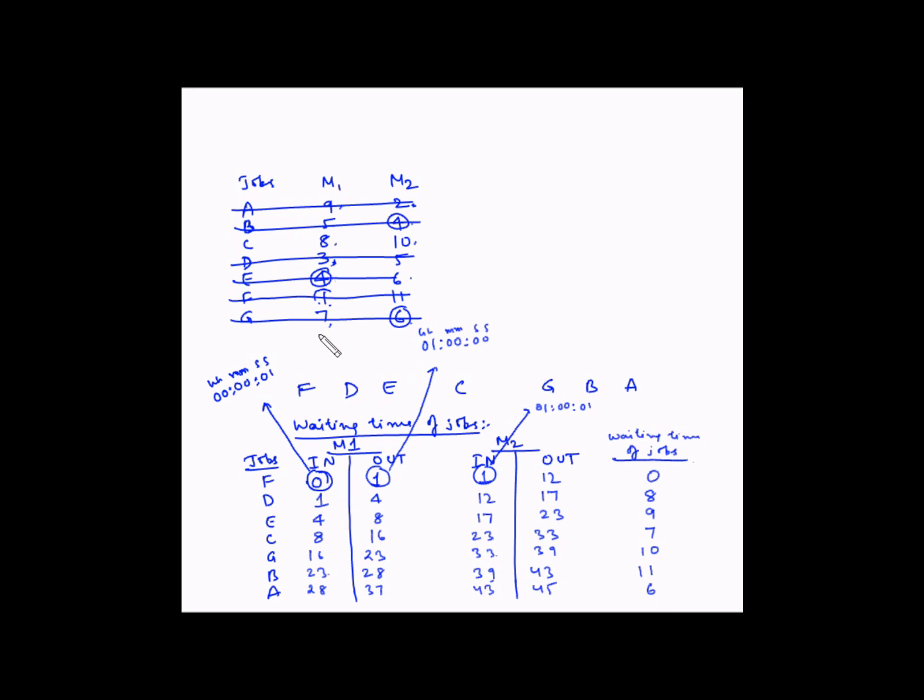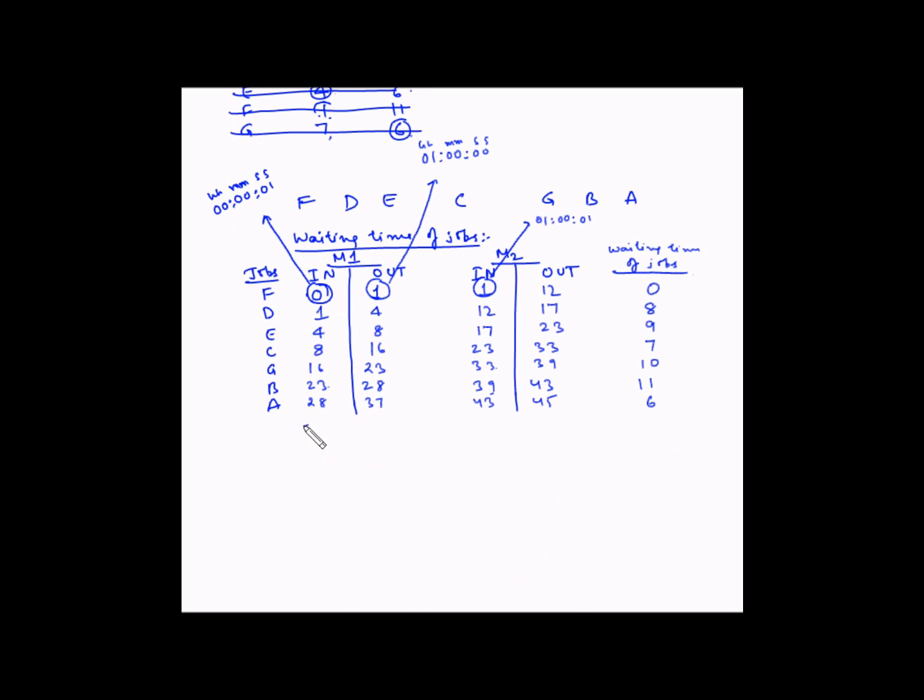Now let us look at the idle time of the machines. Let's take machine M1 first. So on M1, it starts at the 0th instance, so there is no idle time in the beginning.